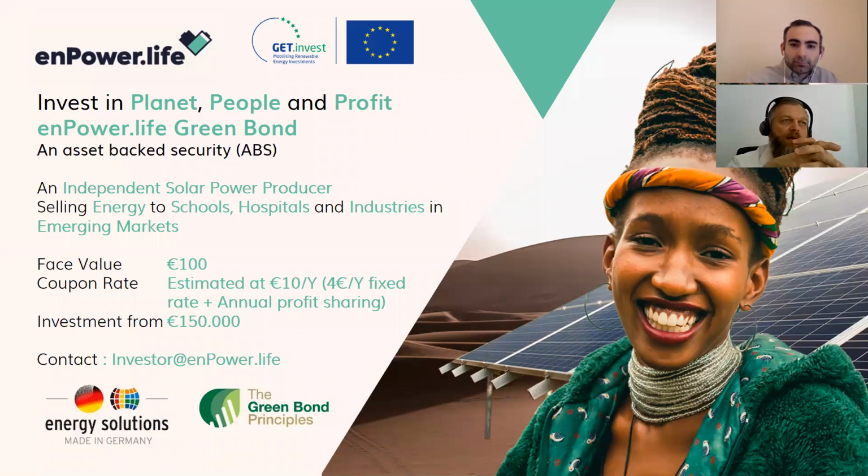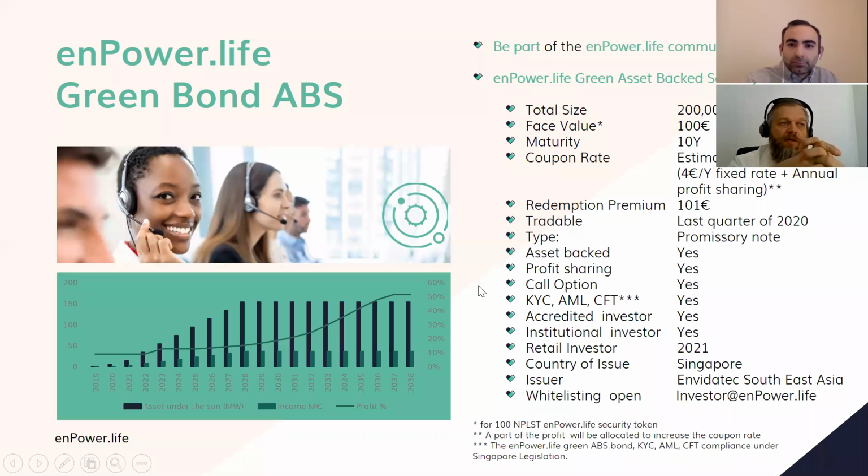So what does our bond look like? We have a face value of 100 euros, so one investment is 100 euros, and we have an estimated annual profit sharing of 6% and a fixed rate of 4%.